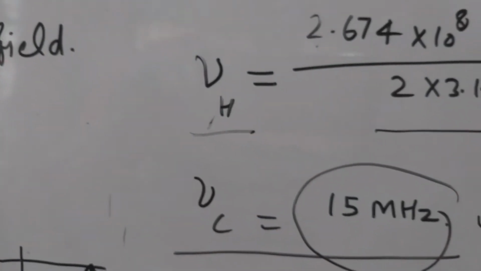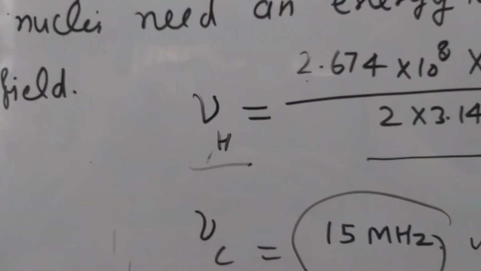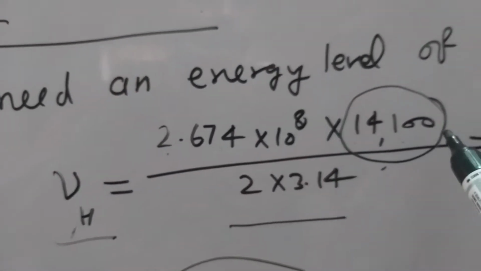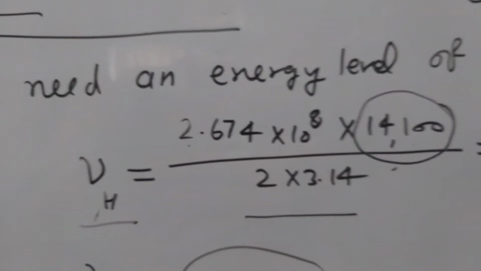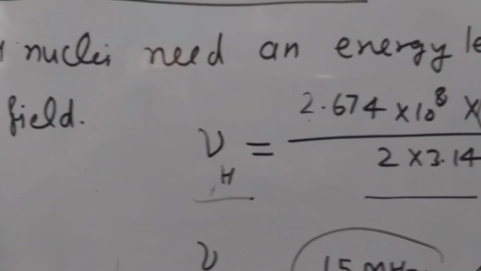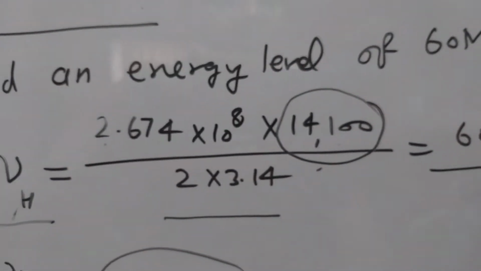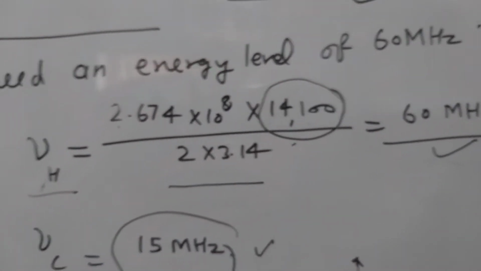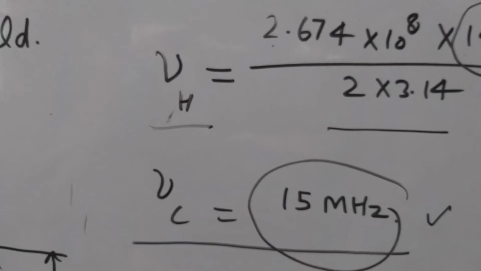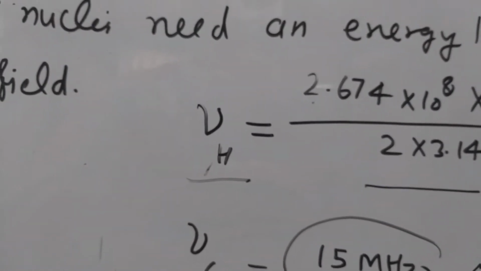It means that by applying the same magnetic field, 1.41 Tesla or 14,100 Gauss, we get the resonance condition at 60 megahertz for hydrogen, but only 15 megahertz for carbon-13 nuclei.